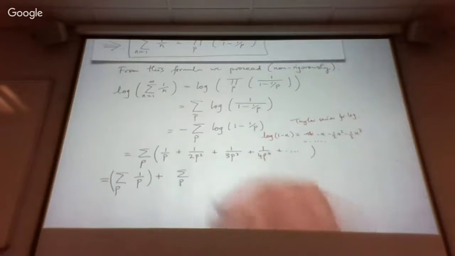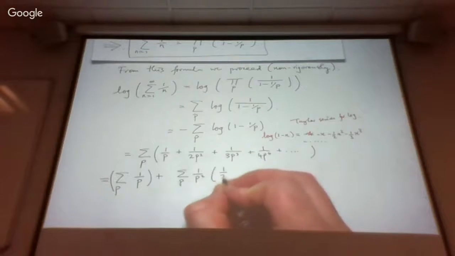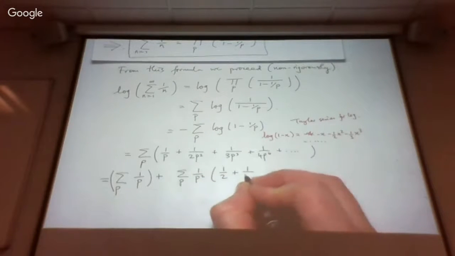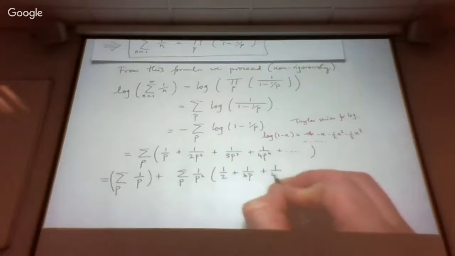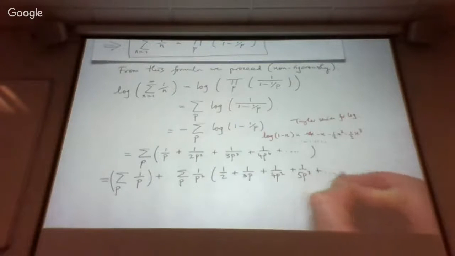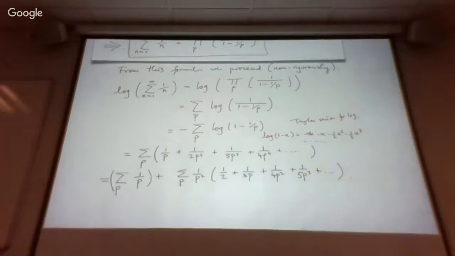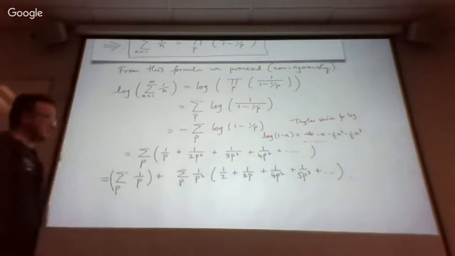Well, I can factorize out the 1 over p squared, and then I've got a half plus 1 over 3p plus 1 over 4p squared. Then you'll have 1 over 5p cubed, etc. Let's just do a bit of algebra, or a bit of manipulation of the sum.